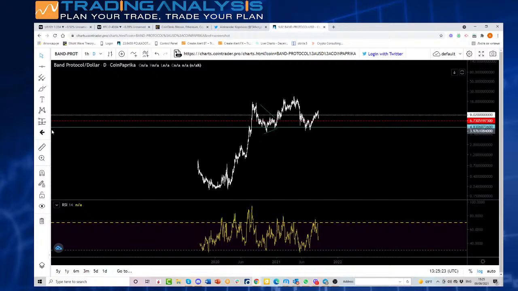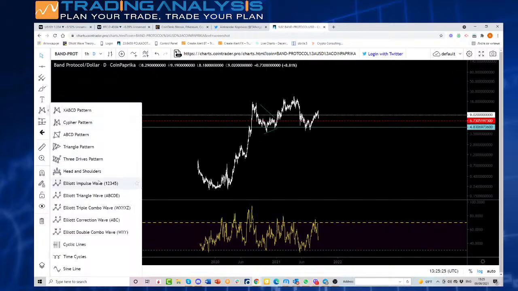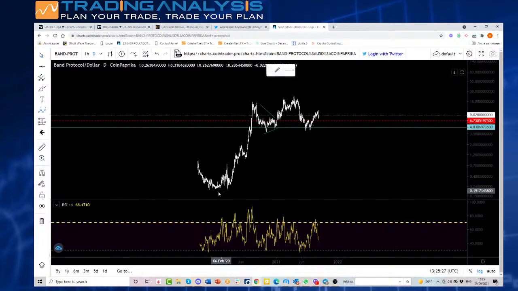Overall, the pattern looks very bullish, because if you count this as a full five-wave move, then this will be some type of a corrective pullback in a flat, and then we might continue further on the upside. So overall the chart is bullish.